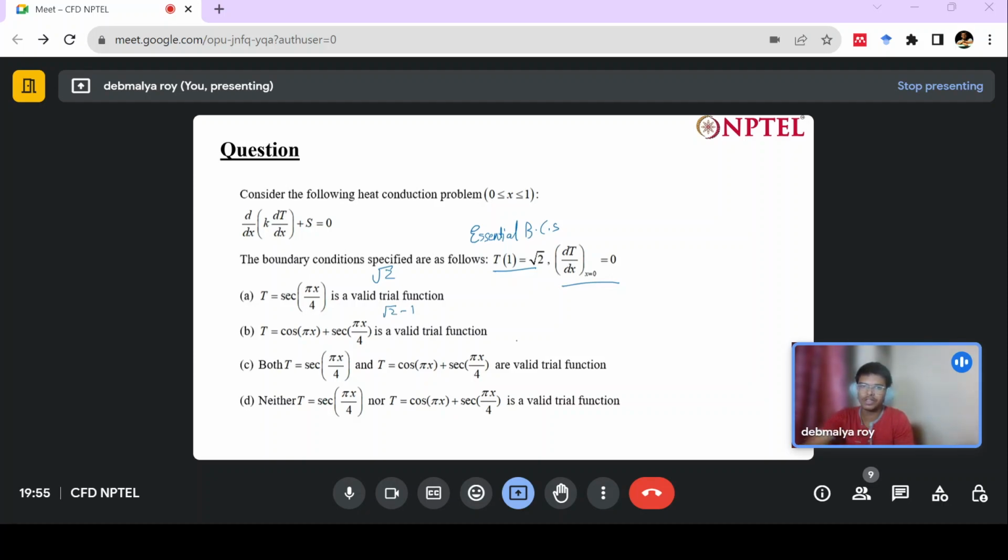So this cannot be a valid trial function. Why? Because it does not satisfy the essential boundary condition. We have to check just for that. So this first one is correct. The last two options are both or neither, so none of them are correct. So the first one is correct.